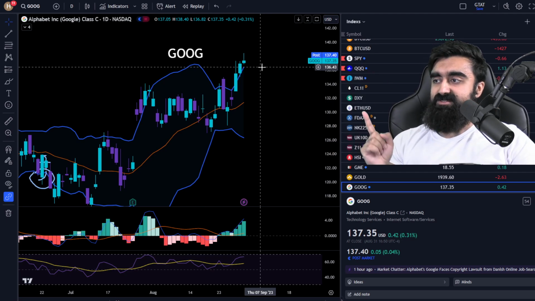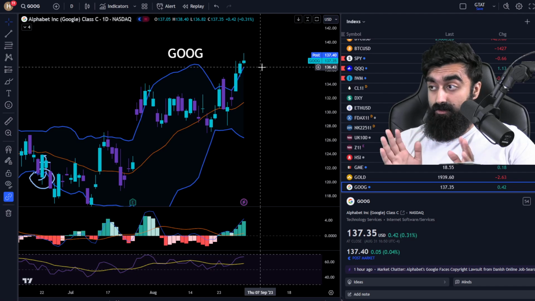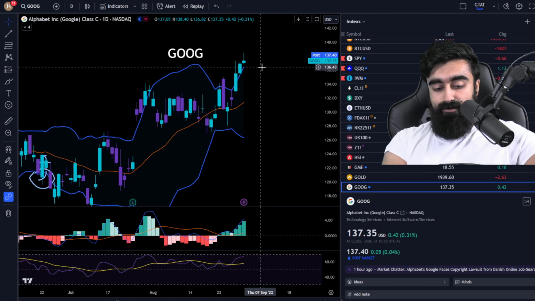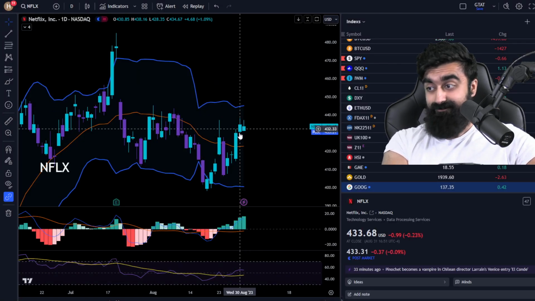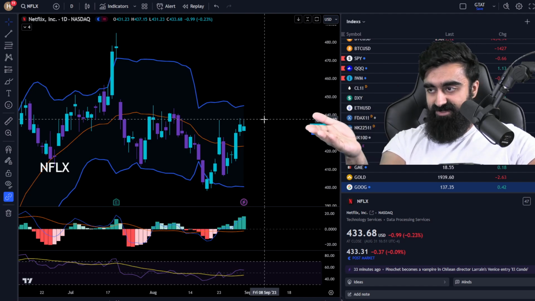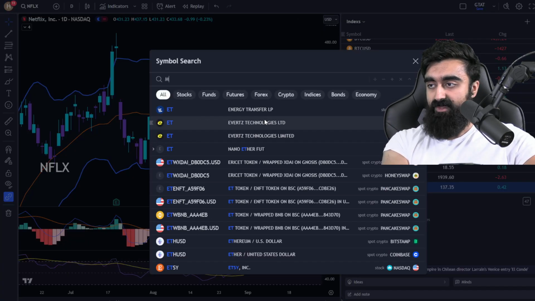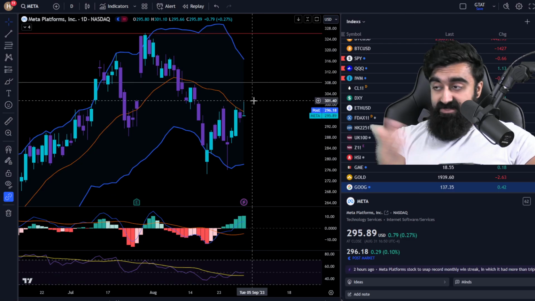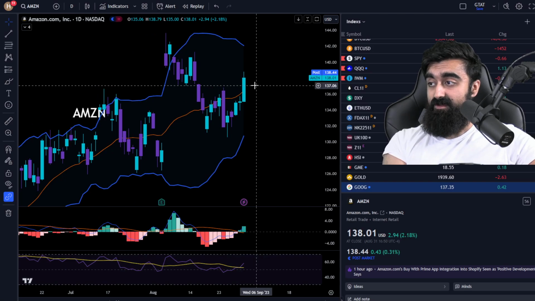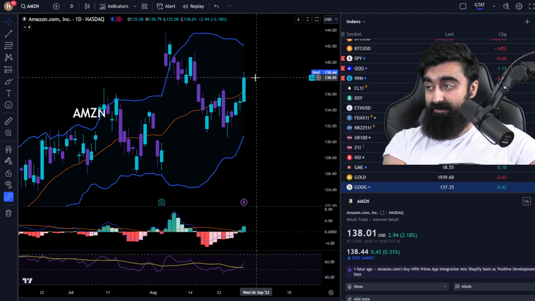The other stocks that I'm going to show, they are all showing bullish structures. So basically Netflix, bull flag, but it's showing resistance at a major level of resistance. Meta, same concept, same sort of setup. Amazon, big buying volume on Amazon.